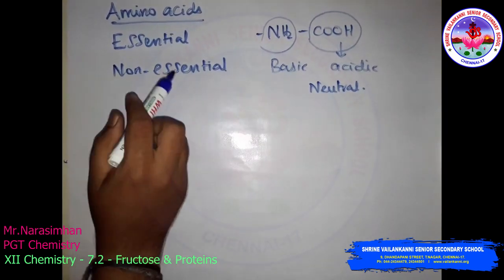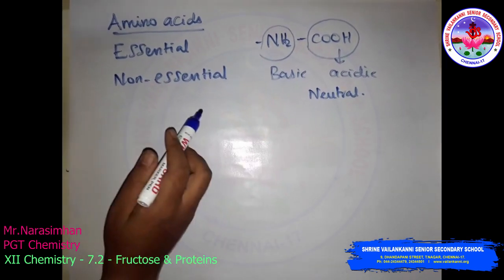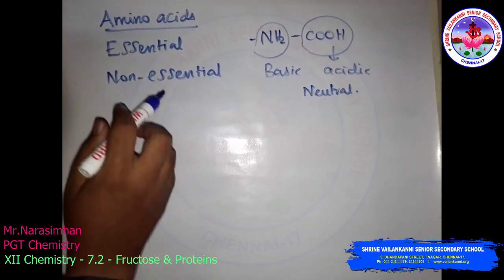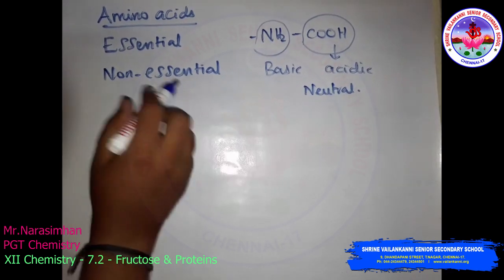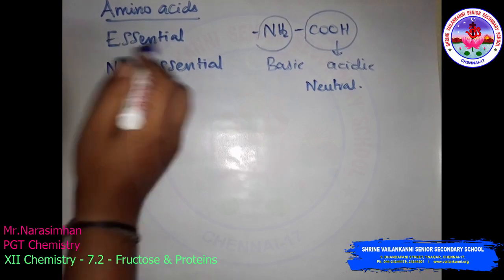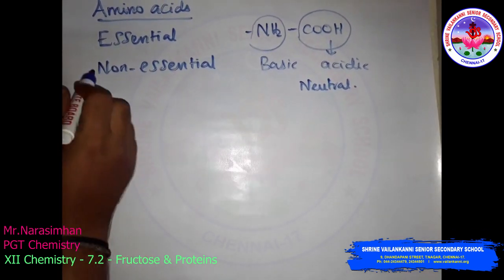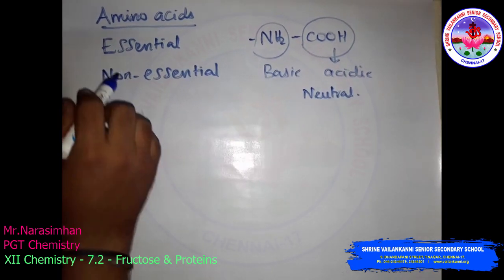Now essential and non-essential amino acids. Essential amino acids cannot be synthesized in our body, so they must be obtained through diet. So this is called an essential amino acid.